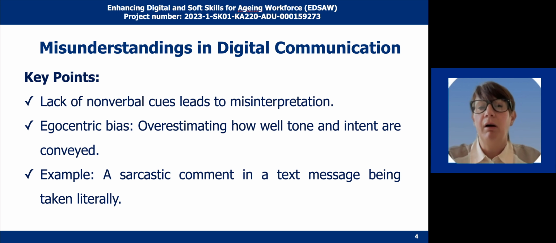According to a study by Kruger, people tend to overestimate how well their tone and intent are conveyed in digital messages, a phenomenon known as the egocentric bias. This overconfidence can lead to miscommunication, as senders may not realize that their messages are being interpreted differently than intended.